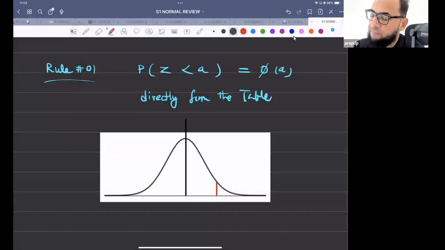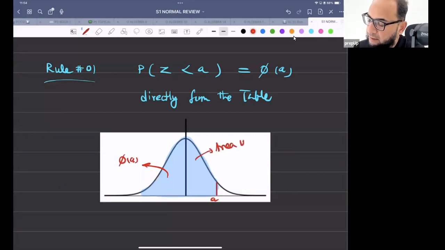And then let me do some shading. So we are looking at this region, which is right over here. So we go to the left of this region. So this is the value that we read directly. So this is direct reading. If this value is A, this is phi of A, and this gives the area under graph.